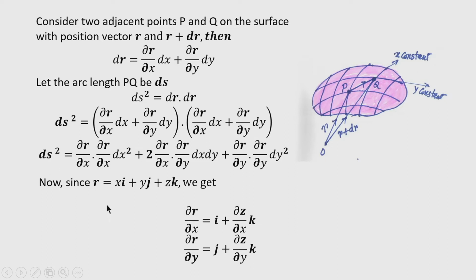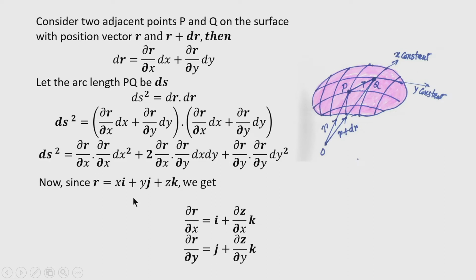Okay. Now, if you differentiate this r vector with respect to x, it becomes i, because differentiating x with respect to x gives 1, and therefore the coefficient is i. i is the unit vector along the x axis.